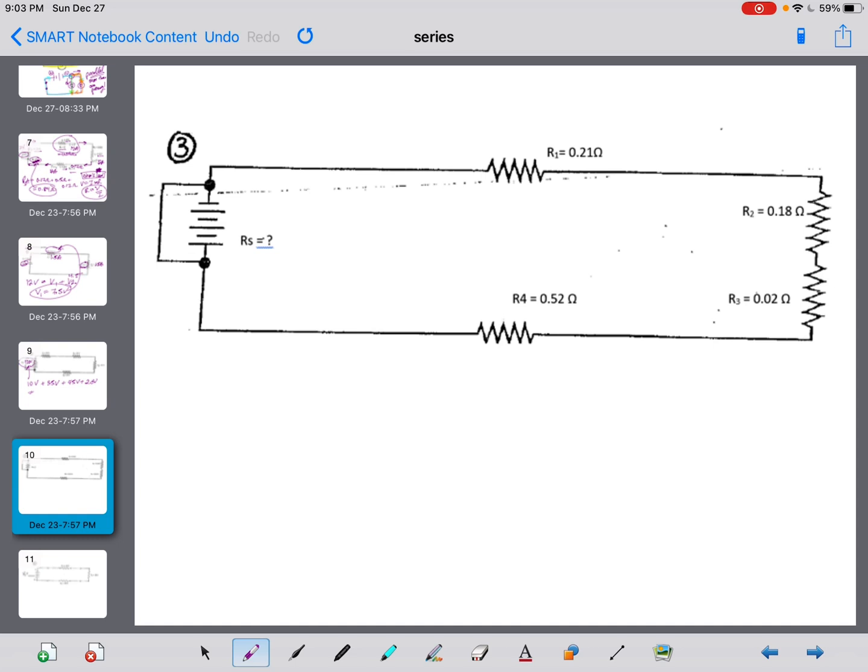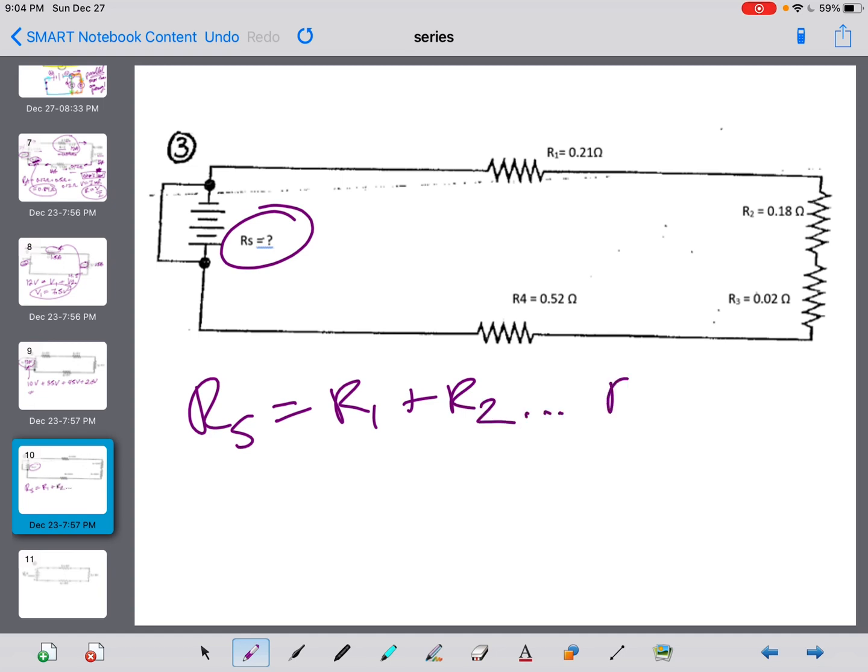Give this a try. Pause the video. You're looking for RS. Okay, so RS, same relationship as voltage. It's going to be R1 plus R2 all the way, right, to R4.